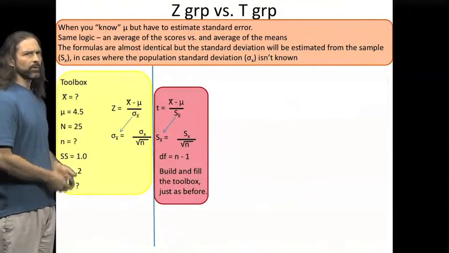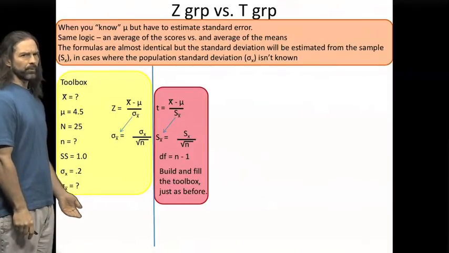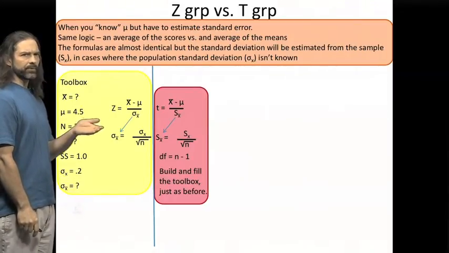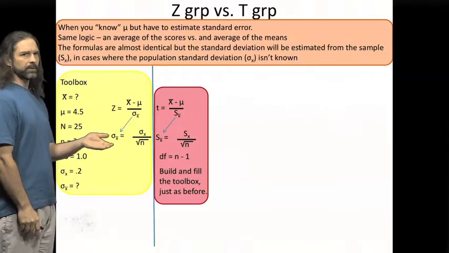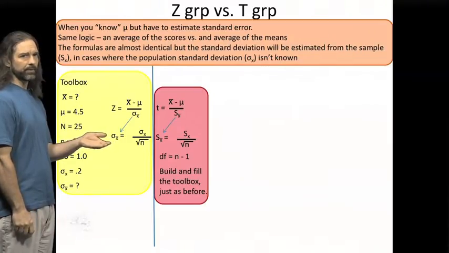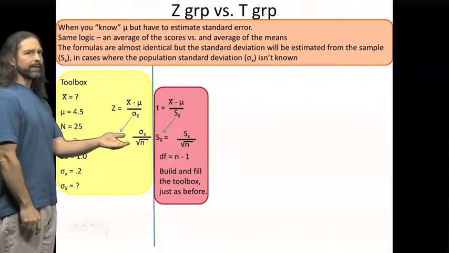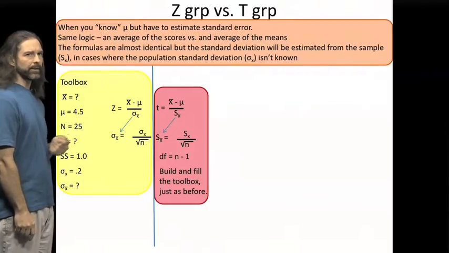So let's look at the formula that we've dealt with before. If you remember this, we had the z-test for a group, we had x bar minus mu, we had the standard error for that denominator. To get to the standard error, we had to go through the standard deviation, which we already knew in this case, and we calculated that formula.